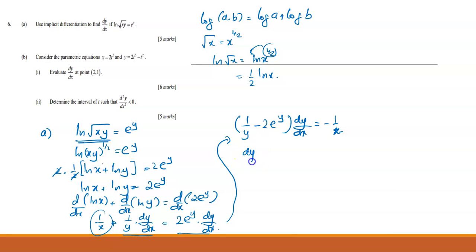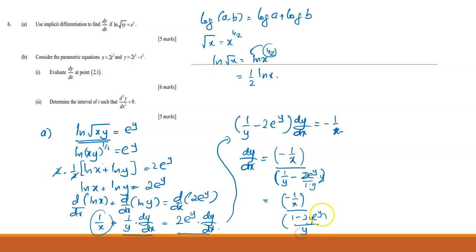Okay, so then dy/dx equal to negative 1 over x divided by 1 over y minus 2e to the power of y. This is divided by 1, and we're going to equalize the denominator here. So now it is negative 1 over x divided by, multiplied here with y and also y here, so it is now 1 minus 2y e to the power of y divided by y.